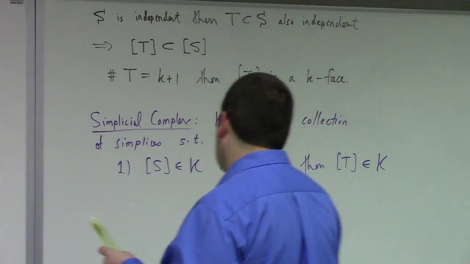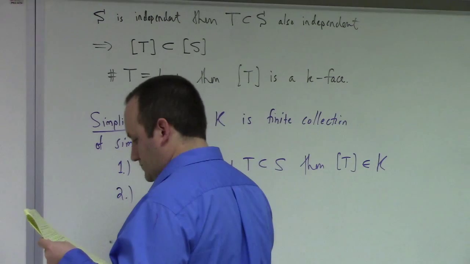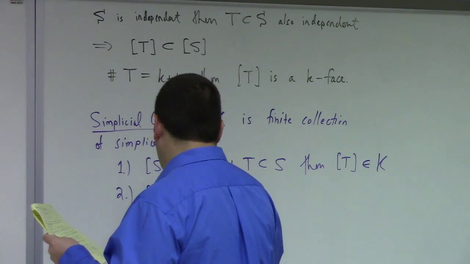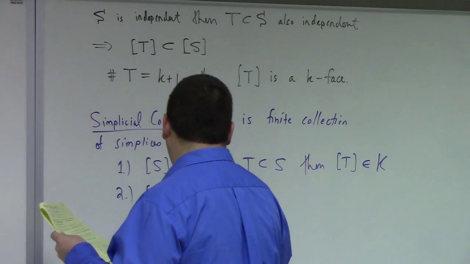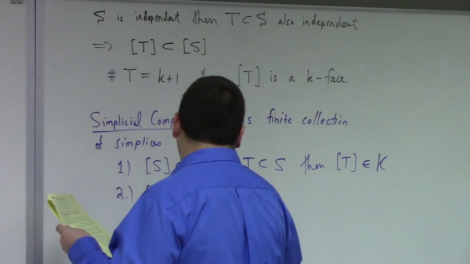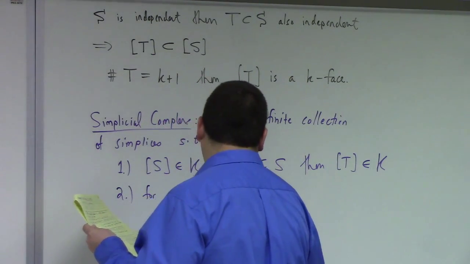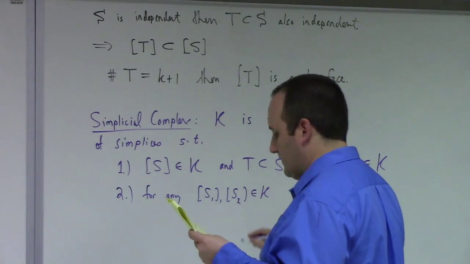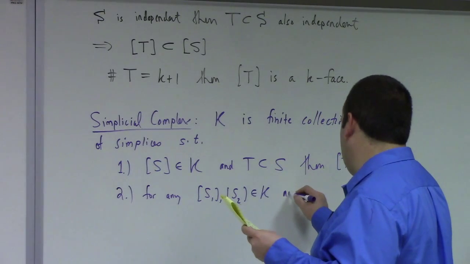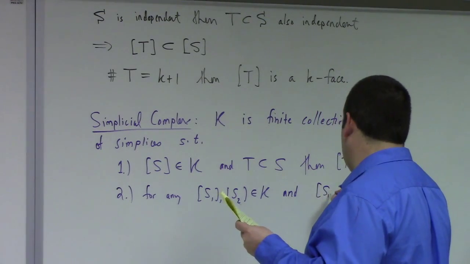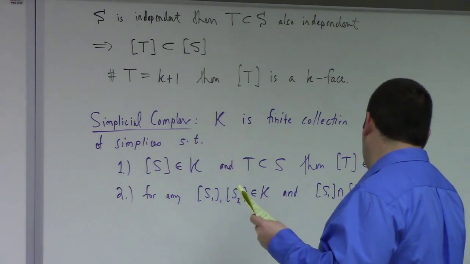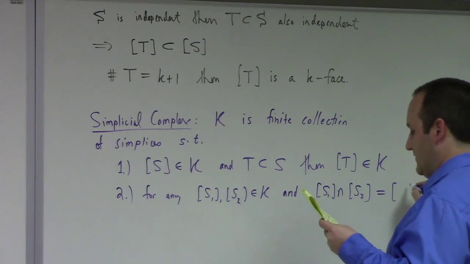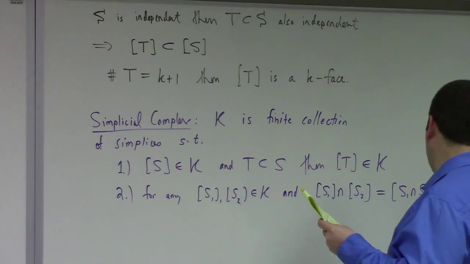Okay. For any two simplices which overlap, if you have S1 and S2 both in the simplicial complex, and again I mean the convex hull generated by S1 and the convex hull generated by S2, and if they overlap, so if S1 intersects with S2, then that is equal to the convex hull of their intersection.